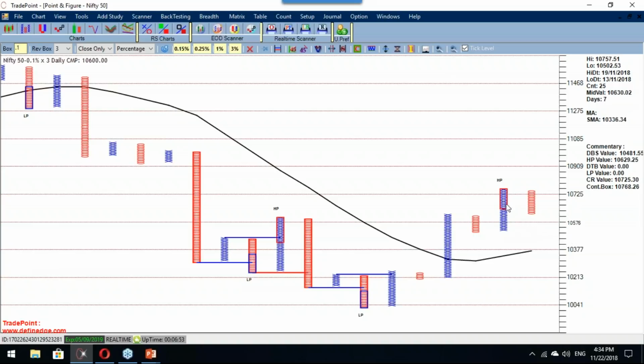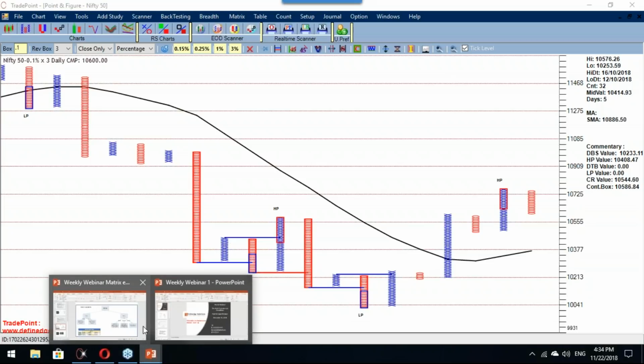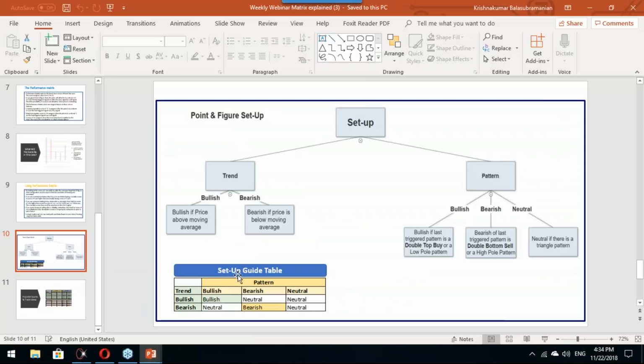Because we have a high pole pattern. The software has already identified it for you. So the setup is going to be neutral, right? Whenever there is a conflict, if you look at the setup guide out here, whenever there is a conflict between the pattern and the trend, the setup automatically becomes neutral. If both are in sync, it will be either bullish or bearish.